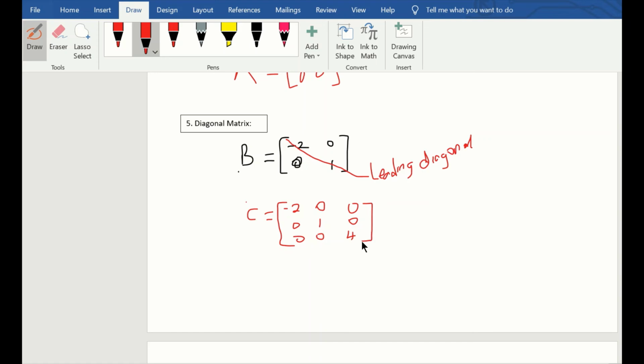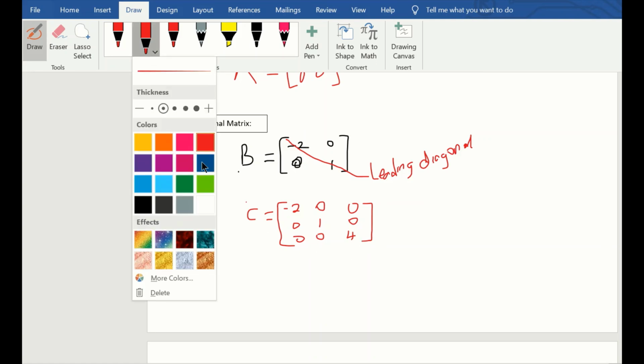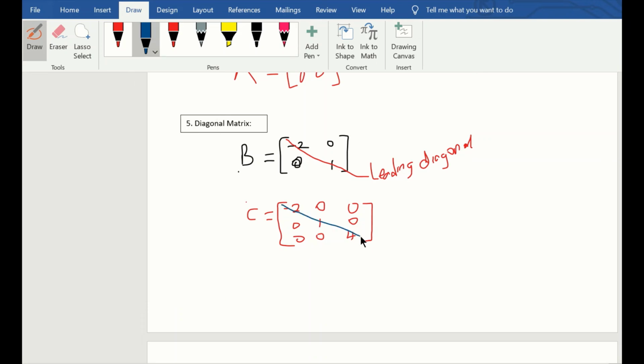You must remember that a diagonal matrix is first a squared matrix, which means that it has equal number of rows and columns. Now, matrix C you are seeing on your screen is a diagonal matrix because the leading diagonal is not 0. This is the leading diagonal.